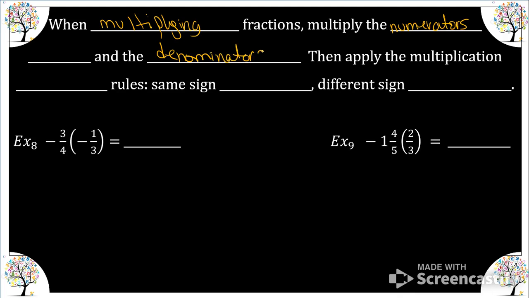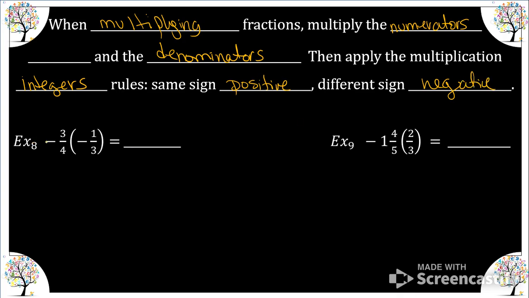So this is very simple. Less calculation than adding and subtracting fractions. Then apply the multiplication integer rules. Same sign, we're going to get a positive product. Different signs, we get a negative product.